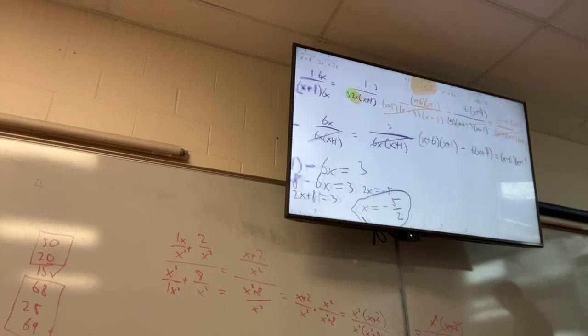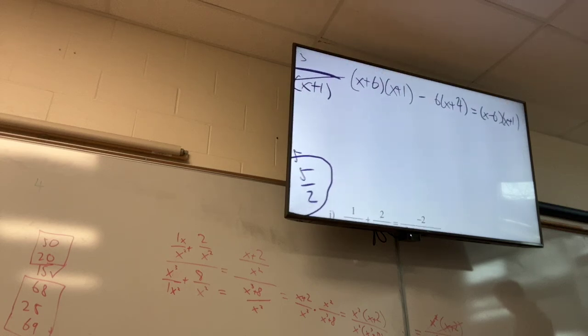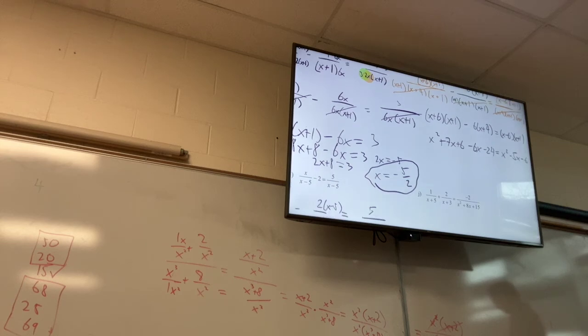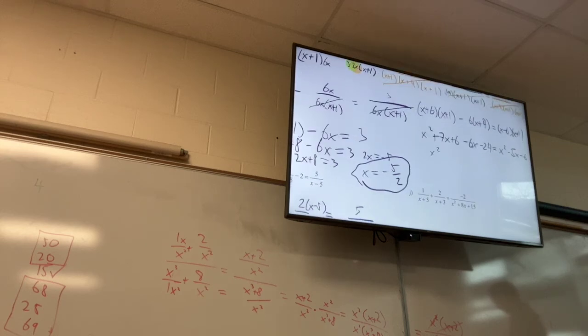Okay, so this, believe it or not, is an algebra 1 equation, so we need to distribute. Okay, combine like terms. This one's a little trickier.